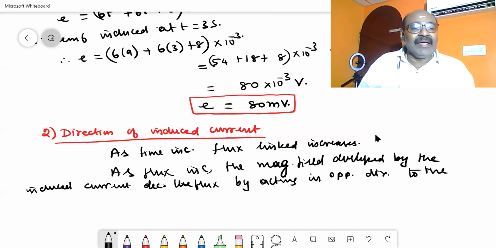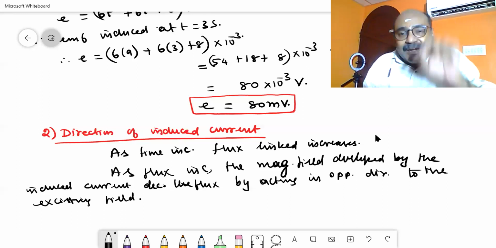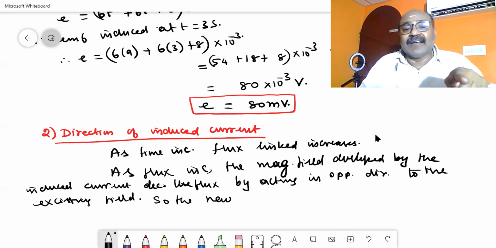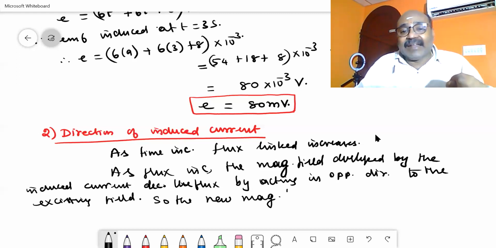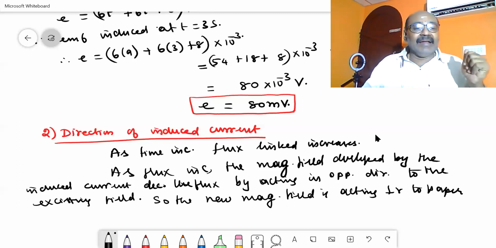In what direction is the existing field? The existing field is perpendicular to the paper and inwards. So the new magnetic field is acting perpendicular to the paper, or the board, and outwards.